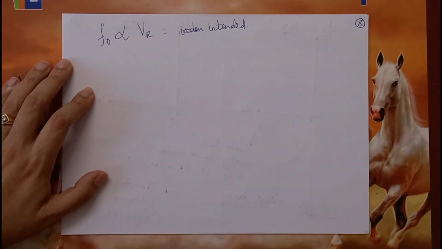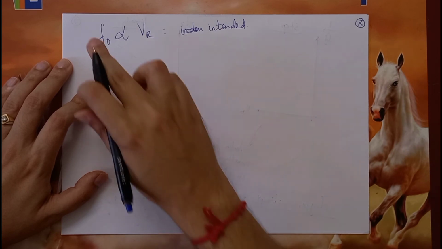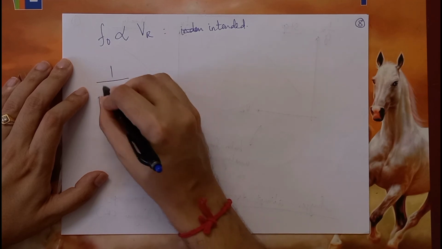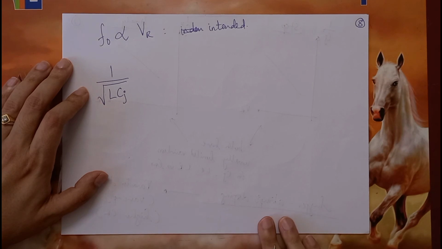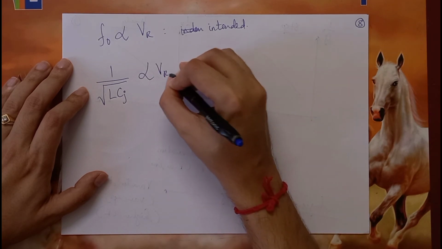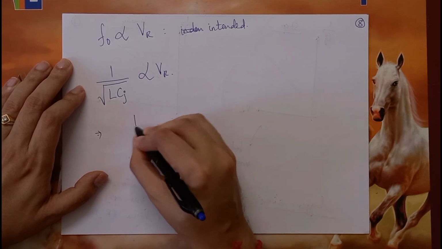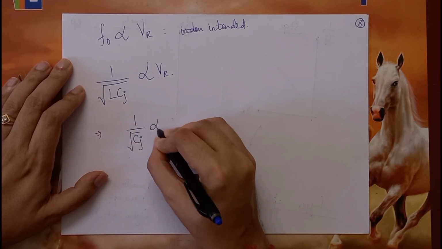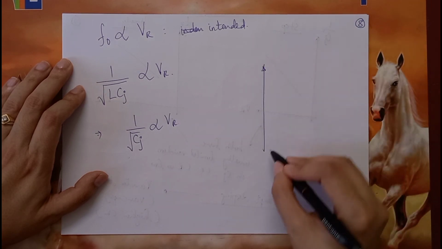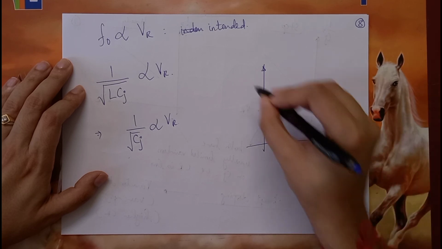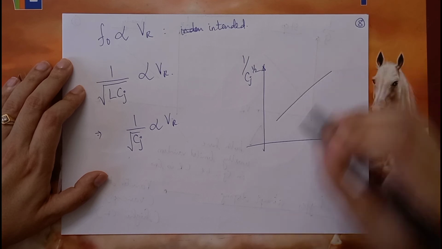As you know, the resonance frequency is nothing but 1 by square root of L C. So here if you replace this C by Cj, and L is constant, you will see that 1 by root Cj is proportional to VR. So now if you draw a graph of VR with respect to 1 by Cj raised to half, you will see that this is linear.